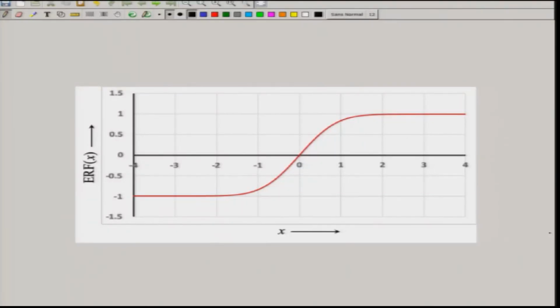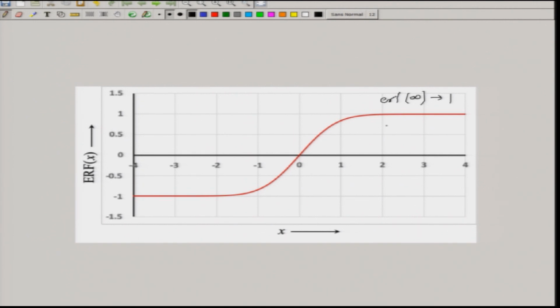This is the plot of error function of x versus x, and we know the error function of infinity tends to 1. But if you closely look at the plot, it flattens out, or levels off, at approximately 1 even at x equal to 2.